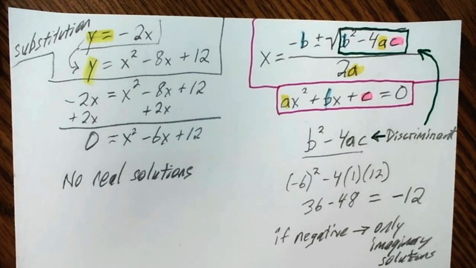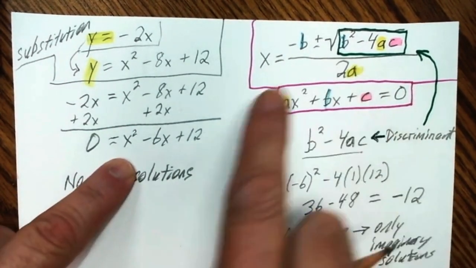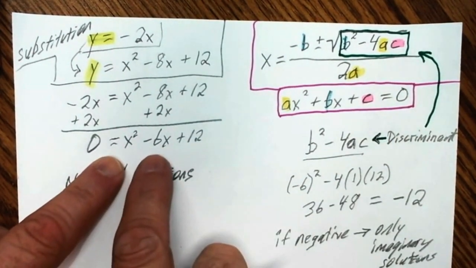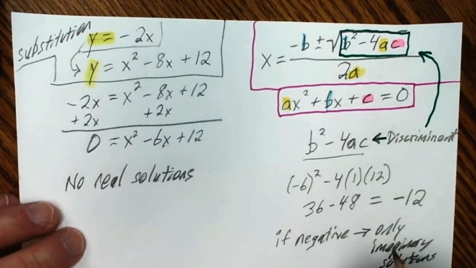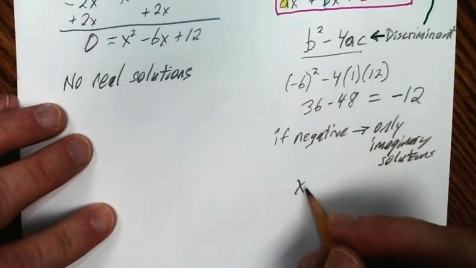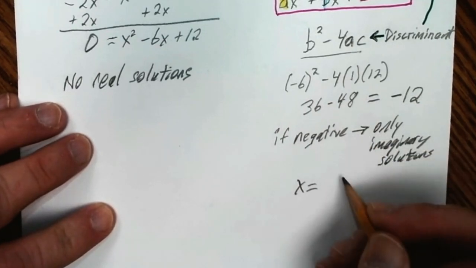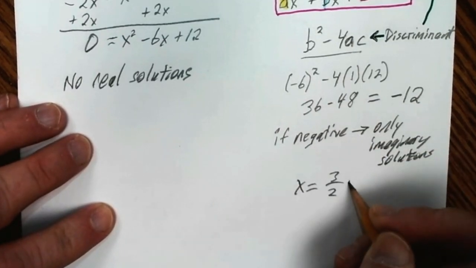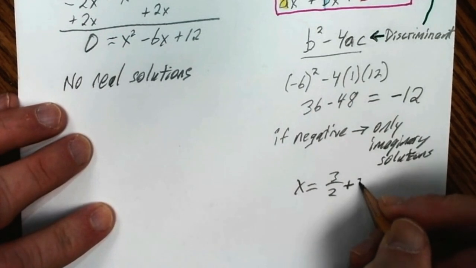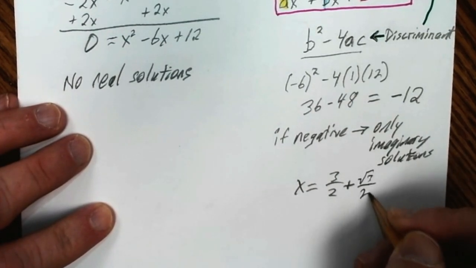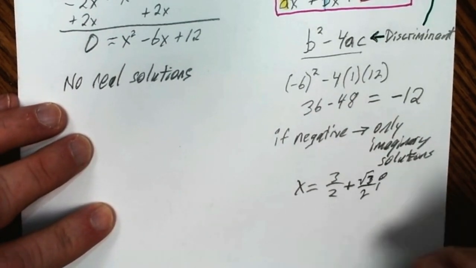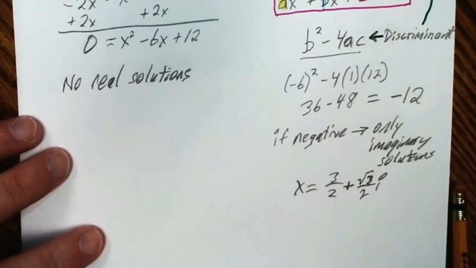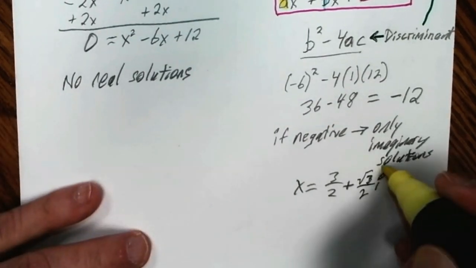Well, I'm saying if we use the quadratic formula to solve this, to figure out what x equals, it's going to say x equals 3 halves plus the square root of 3 over 2i. Remember, if you have an i, that's imaginary.